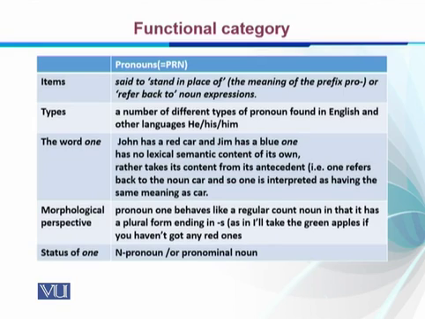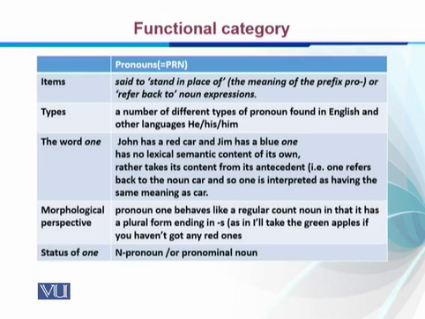A number of different types of pronoun are found in English, and in other languages: he, his, him, they are all pronouns. Pronouns have more forms than a noun. Let's now look at the word one, which is also considered a pronoun, but it has certain other functions or properties other than the commonly known pronouns.